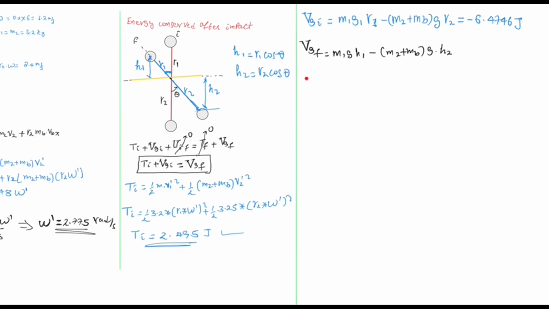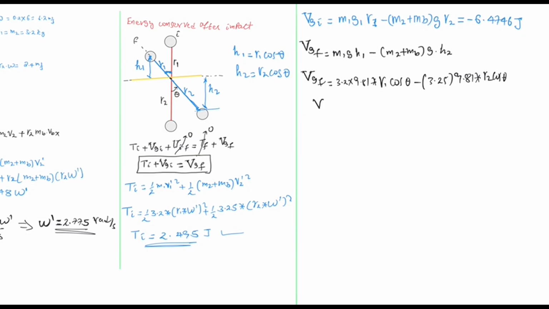Just substitute the numerical values, then finally we'll get VGF equal to 3.2 times 9.81 times h1, in this case r1 cos theta, minus 3.25 times 9.81 times h2, which is r2 cos theta.